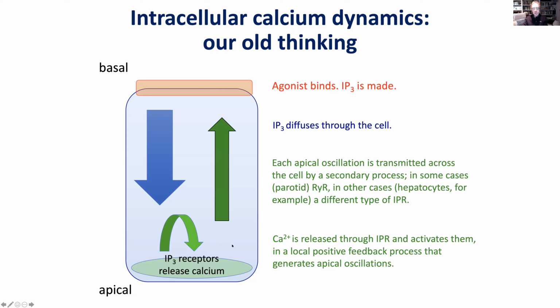That stimulates a back-propagated calcium wave, which goes back to the basal end of the cell, and that lets us stimulate PLC and make an oscillation of calcium. So that was our current thinking, and in fact, that's sort of the dogma in the field, and it's been that way for many years.